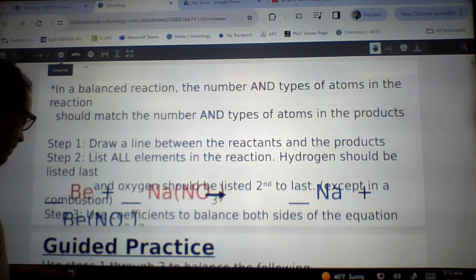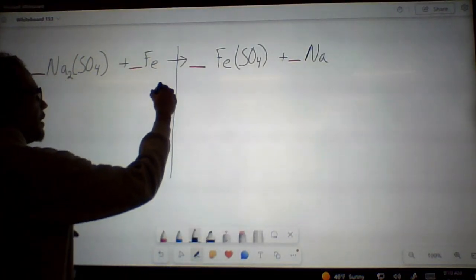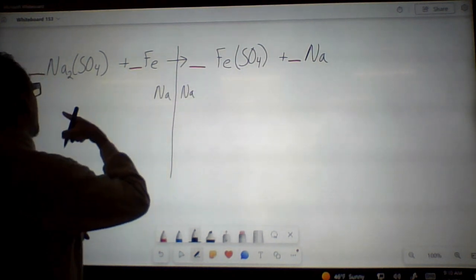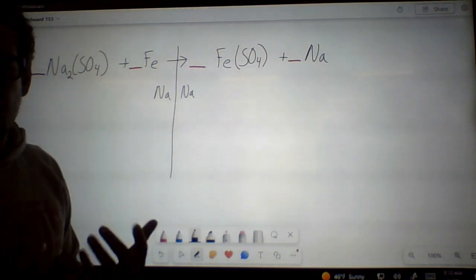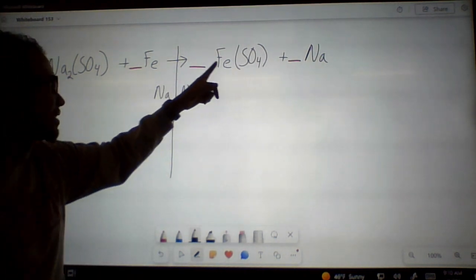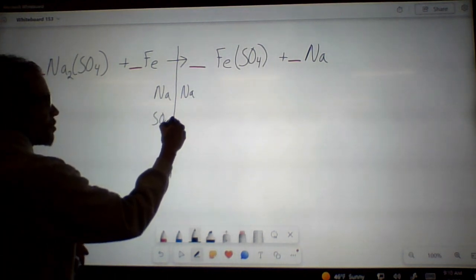All right, so step number two. Here we have Na. This side we have Na. Anytime I see something in parentheses or a polyatomic ion, I'm going to write that as if it's one term because it's on the left side and on the right side. So I have a sulfate here.